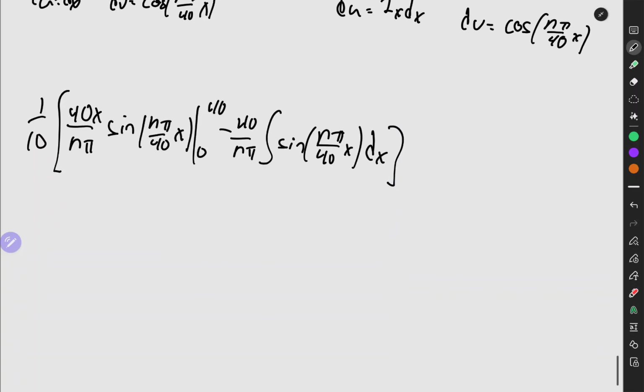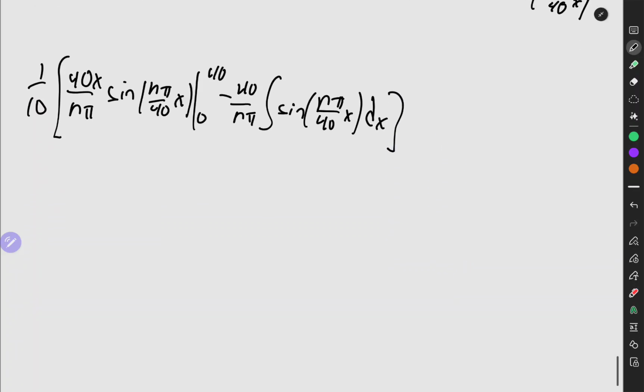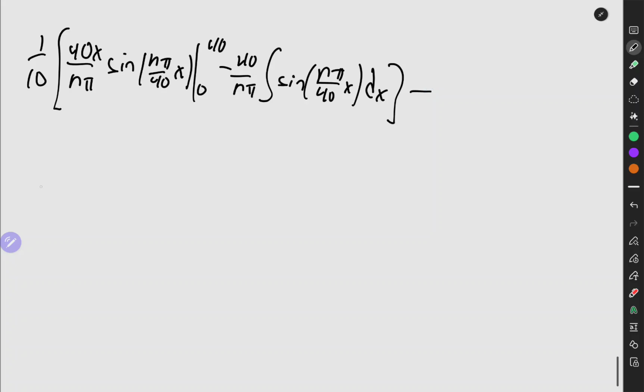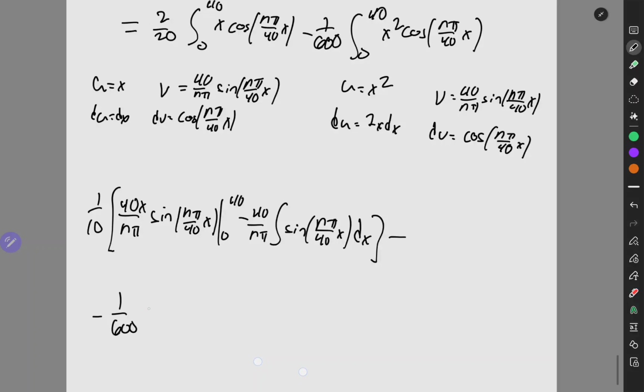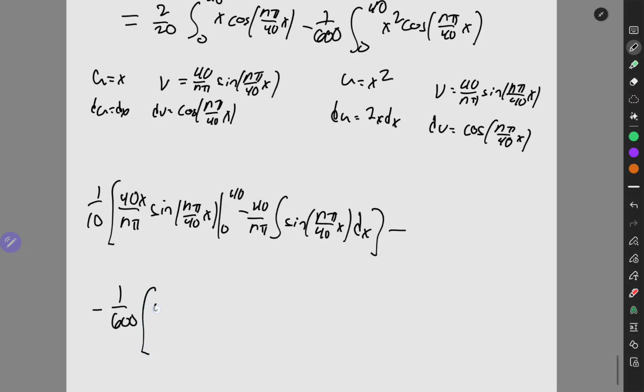And I'm going to make 2 lines. This is the first one. The second one is going to go down here. It's minus 1 over 600 times 40 over n pi x squared sine. I encourage you to do this with me.